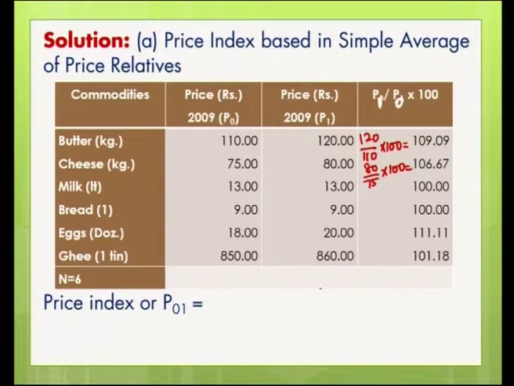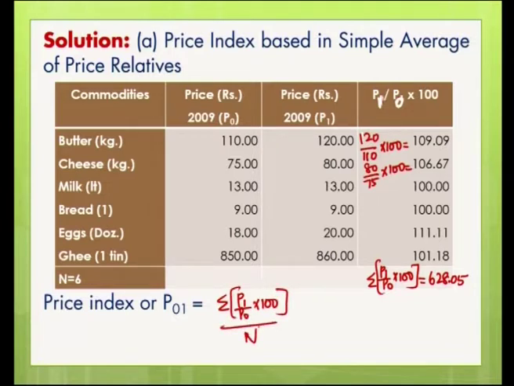Likewise the values are calculated, then their summation, summation of P1 by P0 into 100, the whole thing starting from 109 to 118, the values are added and this total comes to be equal to 628.05, and the price index P01 is summation P1 by P0 into 100, the whole thing by N. N is the number of items.